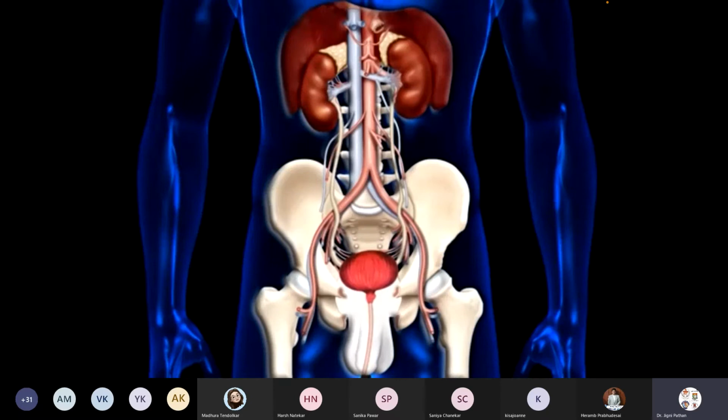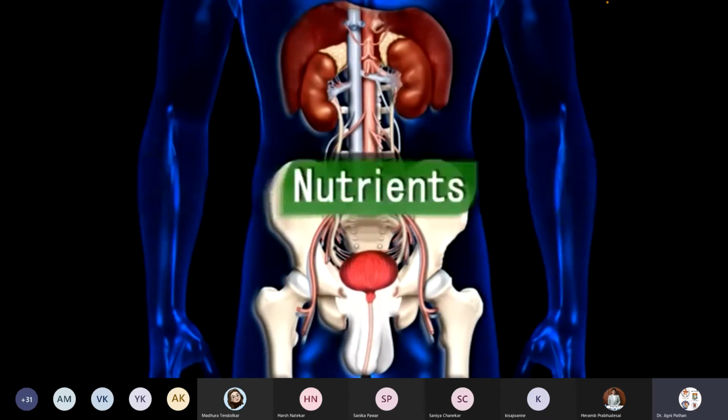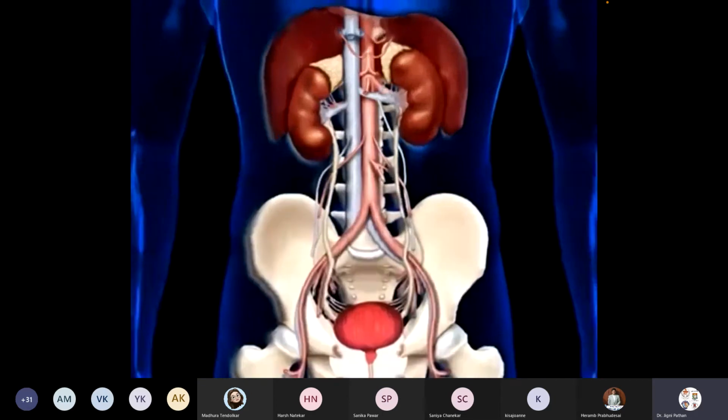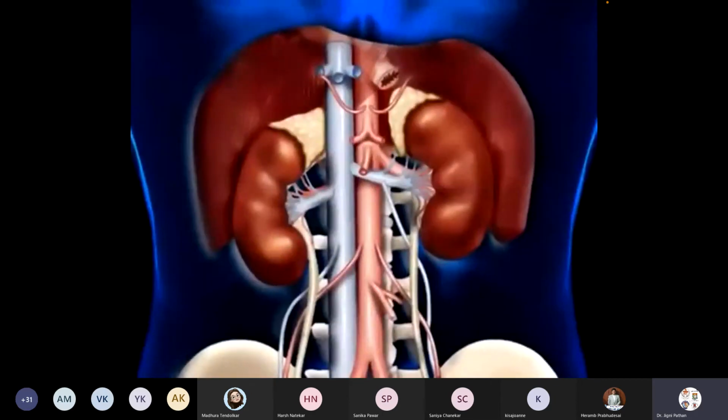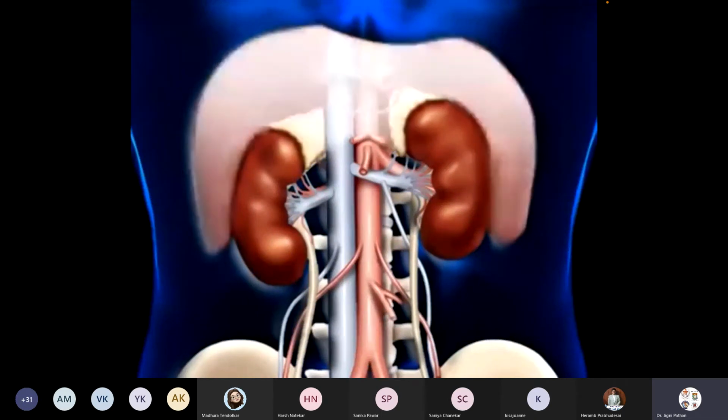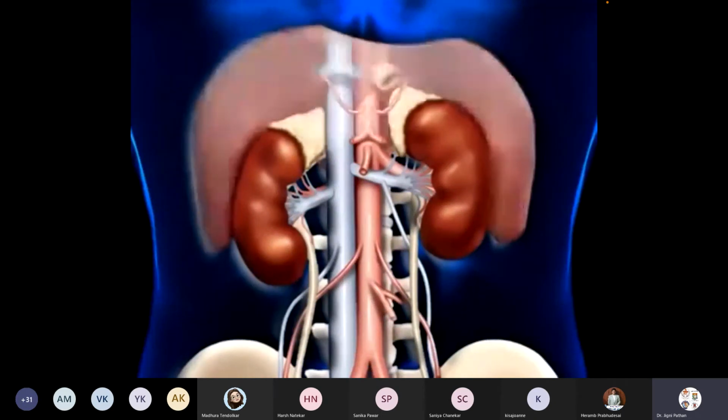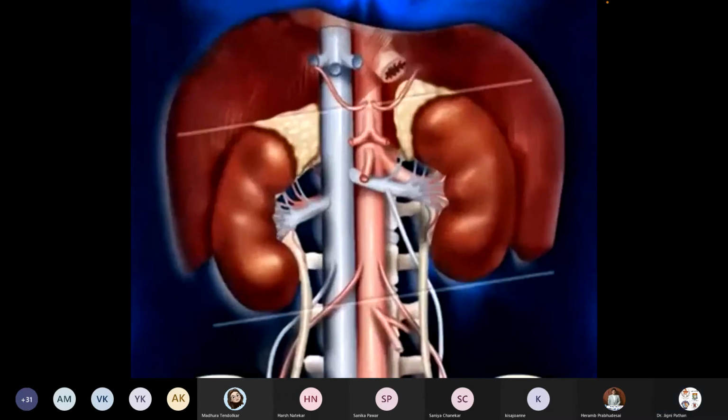The system helps in retaining proper amounts of water, salts, and nutrients in the body. The kidneys are placed against the back wall of the abdominal cavity, just below the diaphragm, one on either side of the vertebral column.